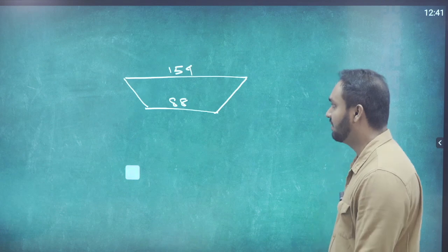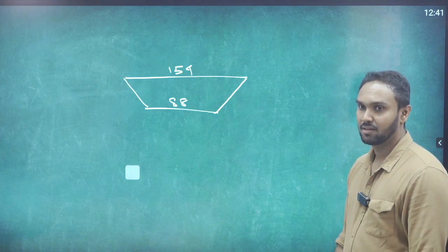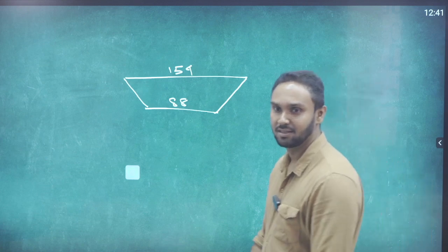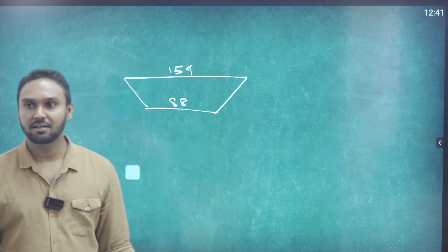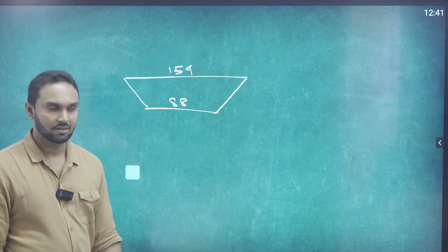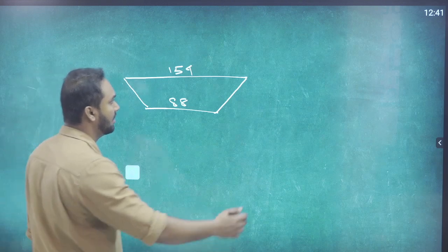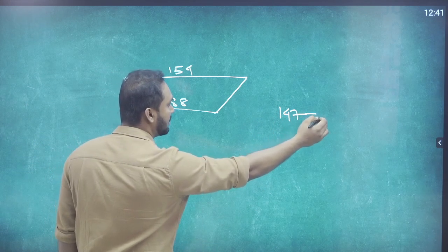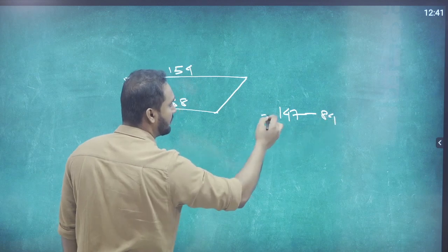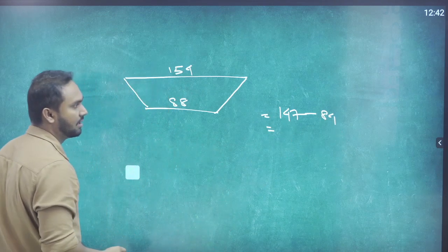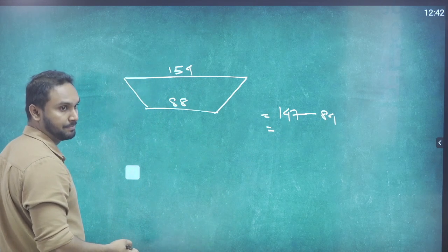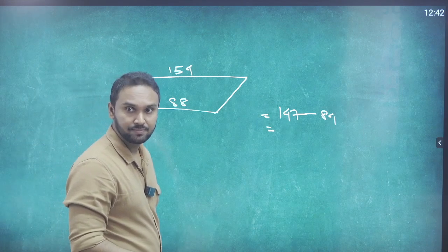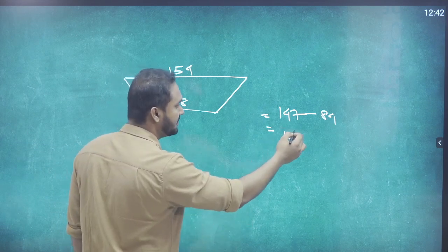What is the perpendicular height of this? Difference of the radii, right? So you already have the radii. How much is the first radius? 147 minus 84. How much do they get? 63.